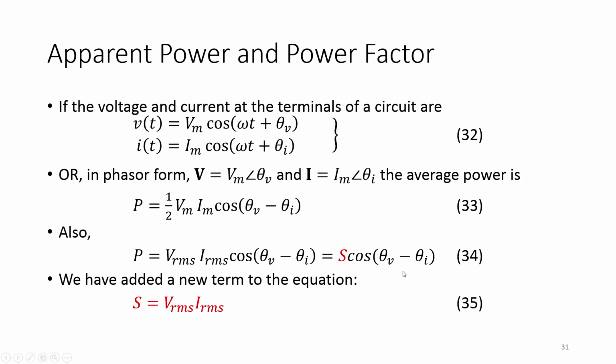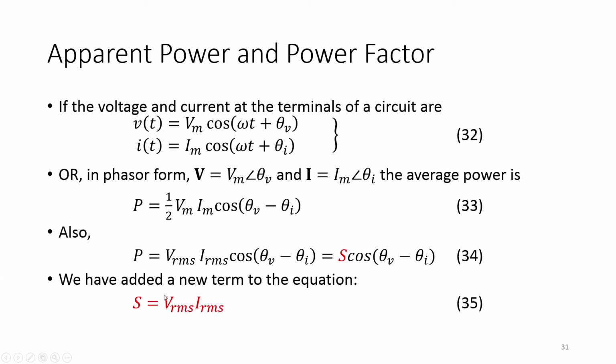I will result in this relationship where S is known as the apparent power, which is actually the multiple of RMS value of current and voltage, and this cos of theta v minus theta I is called the power factor angle, which is nothing but cosine of the phase angle between voltage and current.